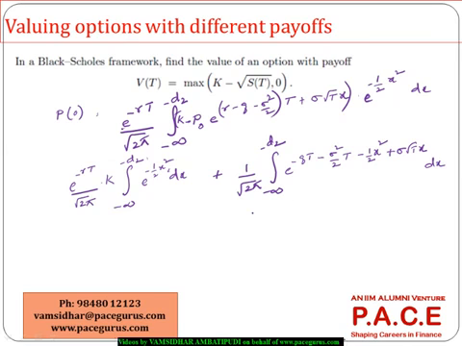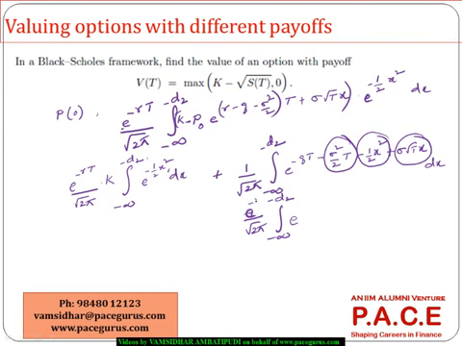Now if I am looking at this part, it is coming out to 1 by root 2 pi, minus infinity to minus d2, with sigma root t x, whereas x squared, sigma squared by 2 into t. So I take out e power minus qt.